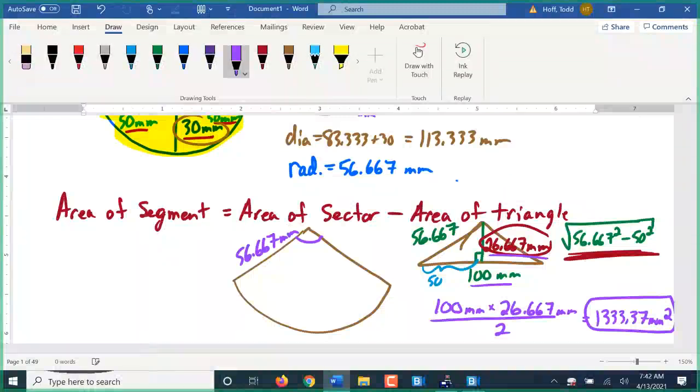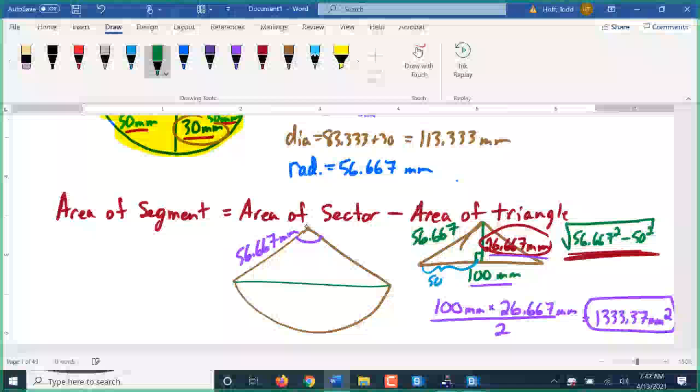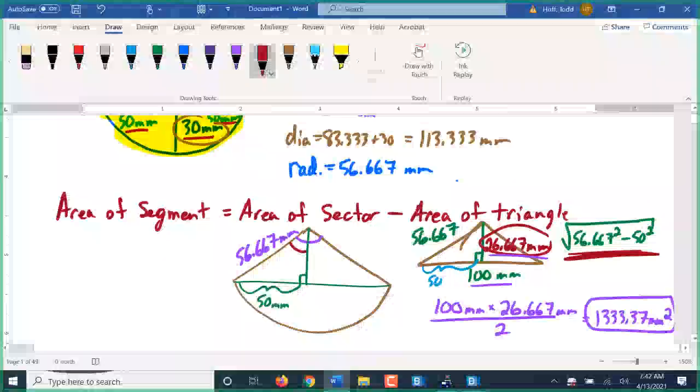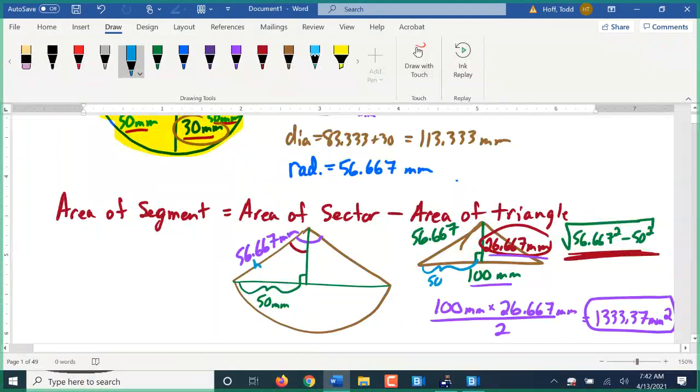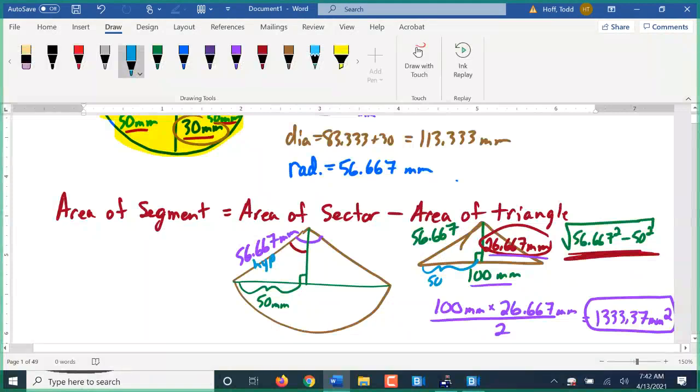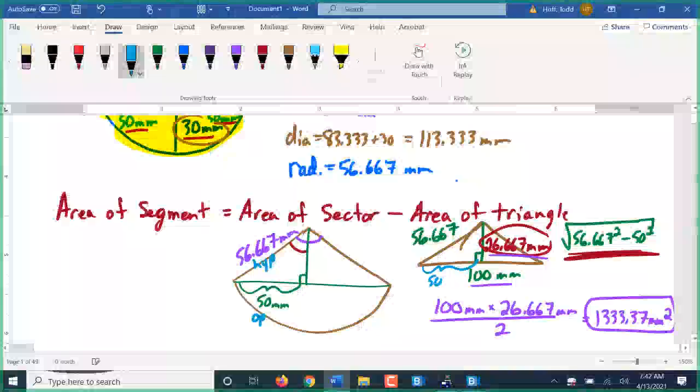To find that angle, we'll use this right triangle here where this is 50, half of the 100, and we'll find this angle right here. According to that angle, of course, the 56.667 is the hypotenuse, 50 is the opposite.